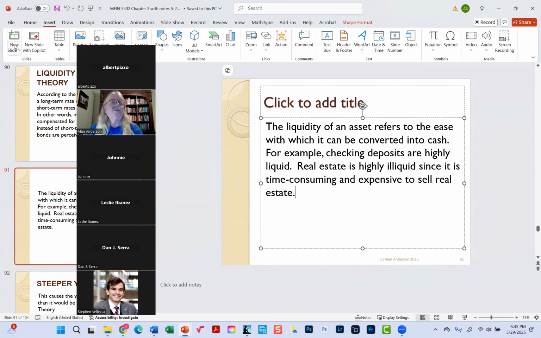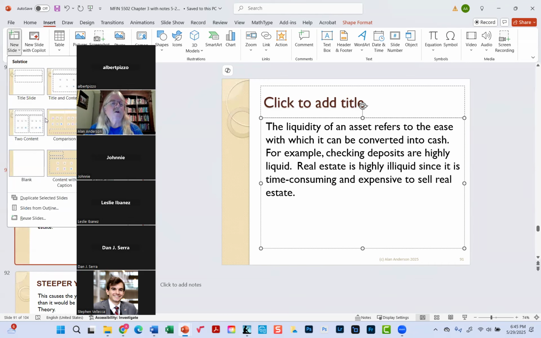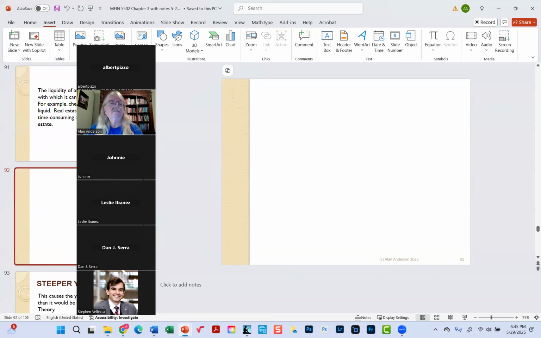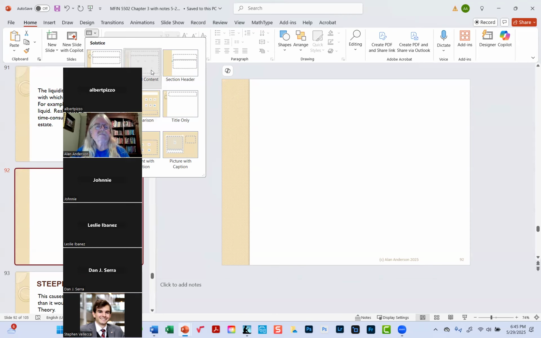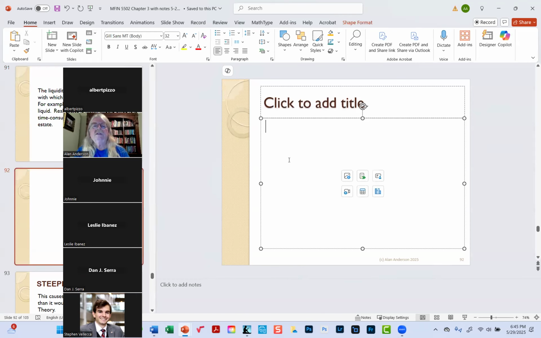So you're probably asking yourselves right about now, why would you own any illiquid assets in the first place? Very good reason.